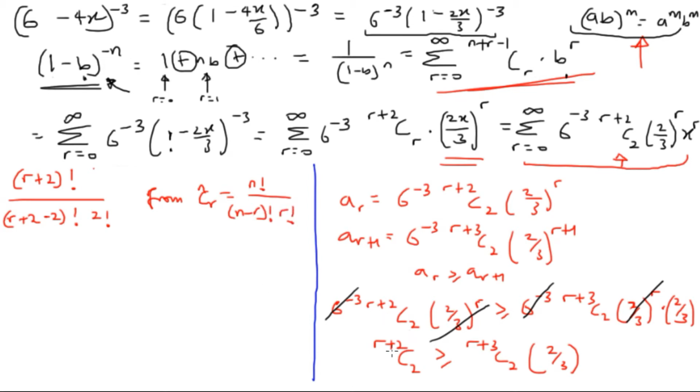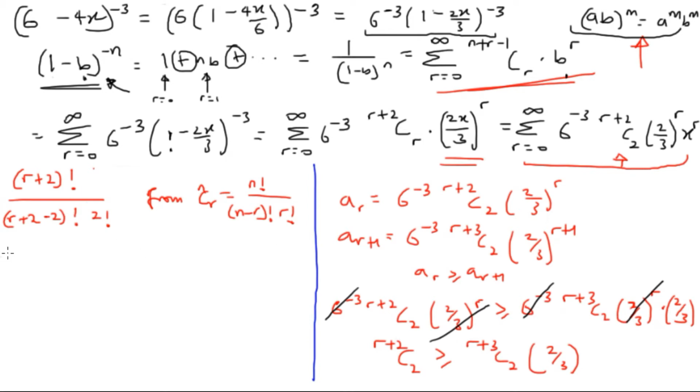So I will use that same formula now. I have r+2 combination 2, so it will become (r+2) factorial over (r+2 minus 2) factorial, and then 2 factorial. From n combination r, r+2 is my n, so it becomes (r+2) factorial at the numerator, and for n minus r, my r is 2, so it is r+2 minus 2. I believe you understand that.